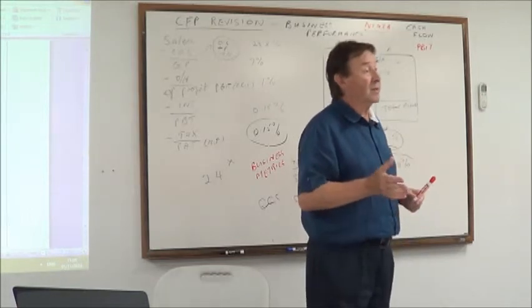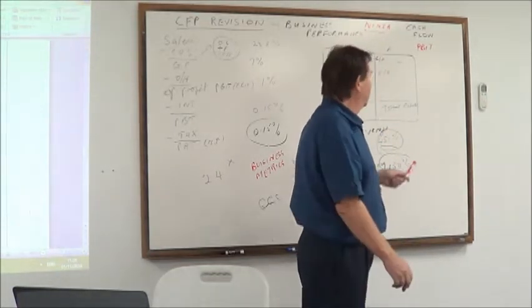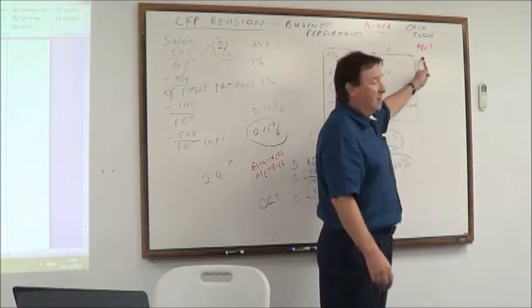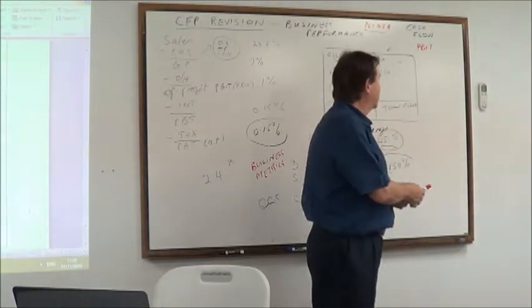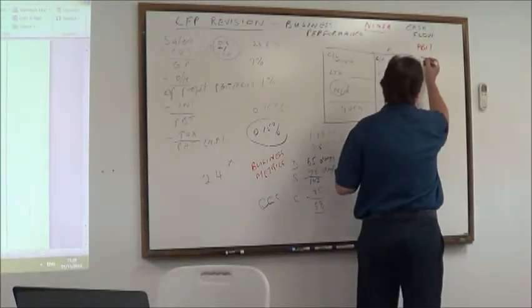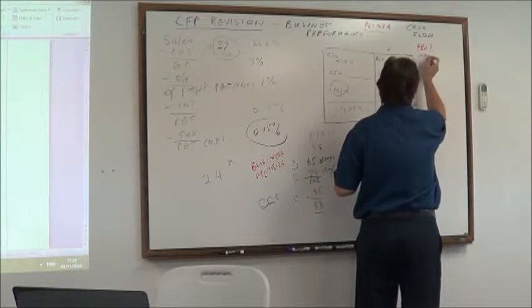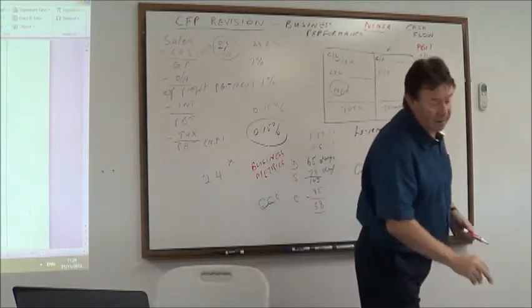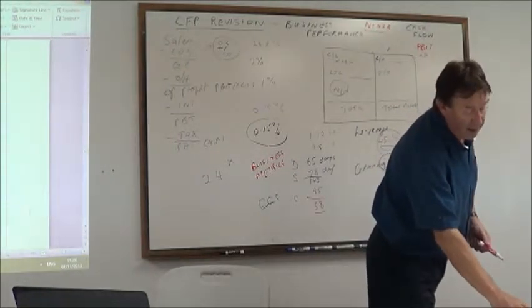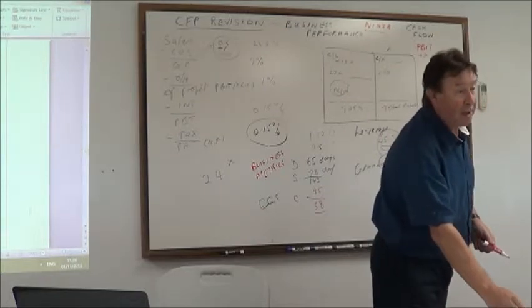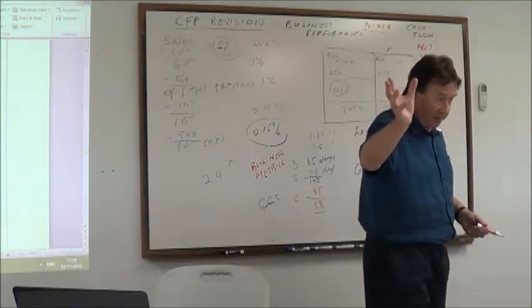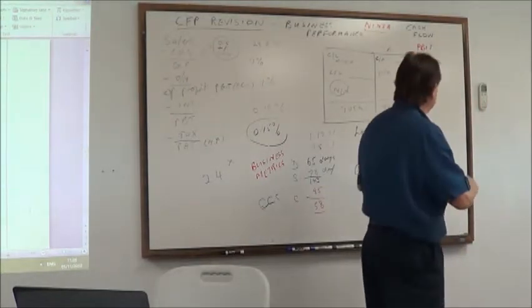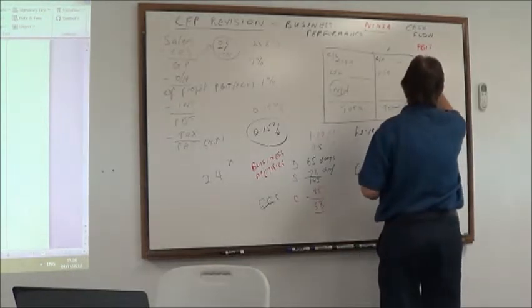There will be others occasionally, one of which is amortization. It doesn't feature in this case. So what we've got is PBIT adding back the depreciation to give us what we're calling at line A, the gross operating cash flow. So that's the entry point of the cash flow, GOCF.